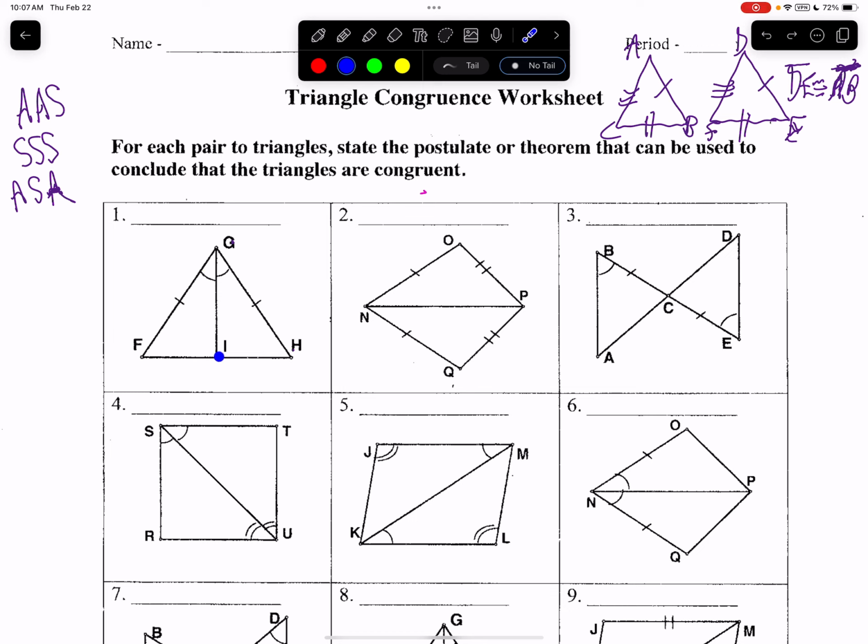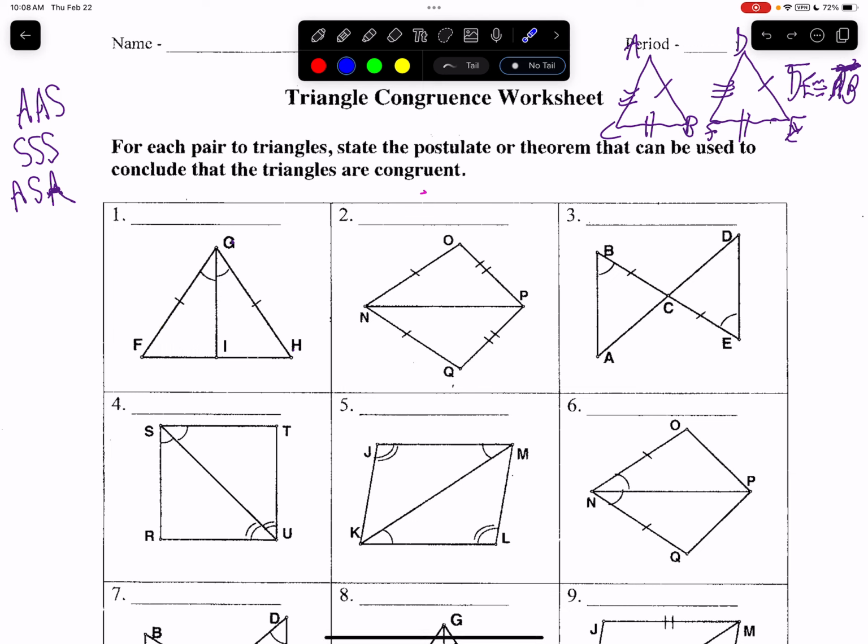And since this side here is common to both triangles, obviously the GI in this triangle is the same as the GI in this triangle. So you could say GI congruent to GI, right? Because it's a common side.